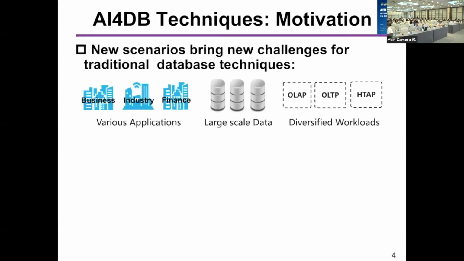Traditional databases rely on humans to tune and optimize the database, which does not scale for large-scale data, for example, on cloud databases, because it's very human-intensive work to tune billions or millions of database instances on the cloud. So we must use automatic techniques to help us optimize the database and make the database more intelligent and more powerful.